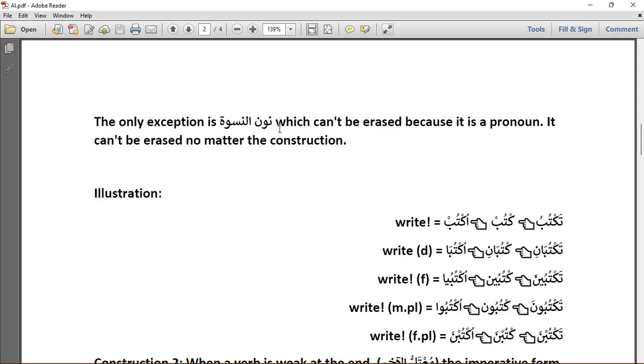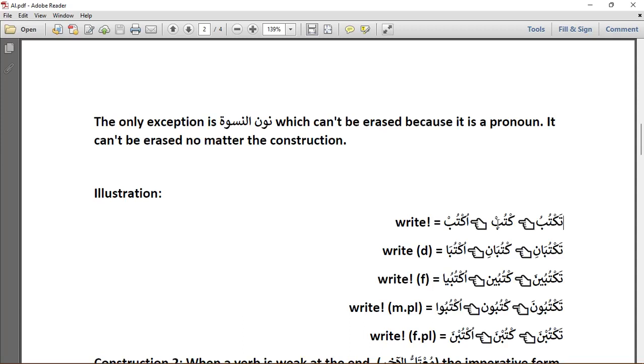Firstly, let's look at the first one, taktubu. First, we remove the harful mudara'a, which is ta here. We are left with kaf, sukun, ta, damma, and then ba damma. Then we give the last letter sukun because it is a singular verb of the male.